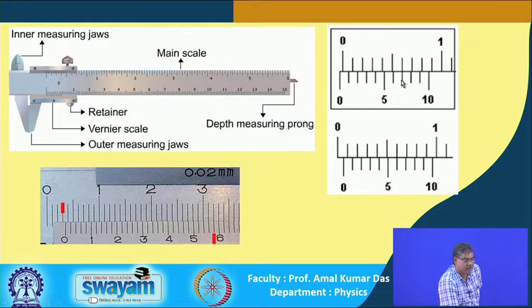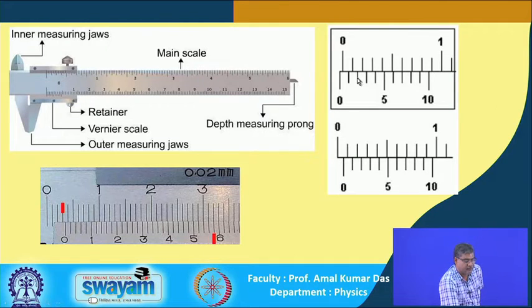So, this negative error will be minus 7 into vernier constant. If the vernier constant is 0.01, then it will be minus 0.07 centimeters. That is the error, and it is a negative error.